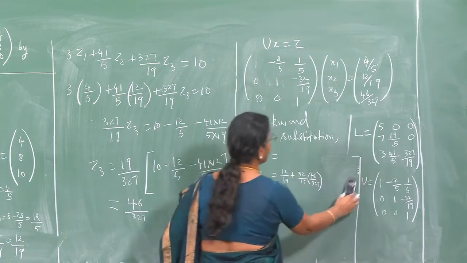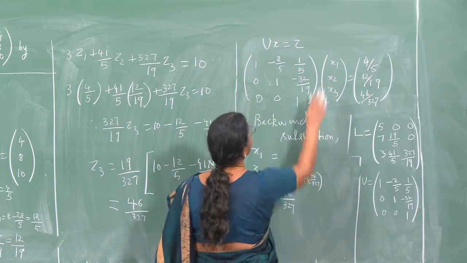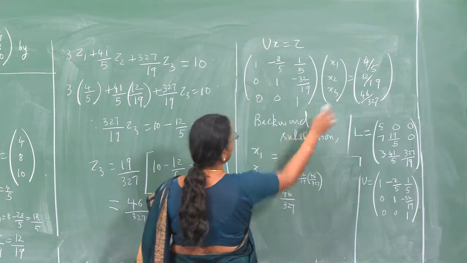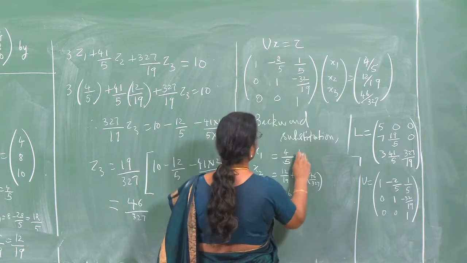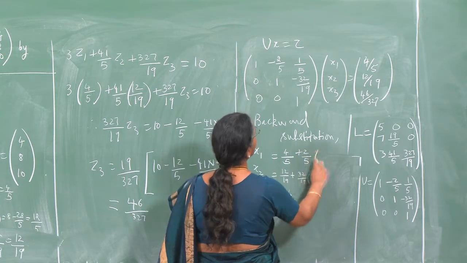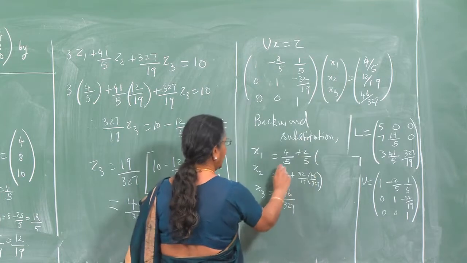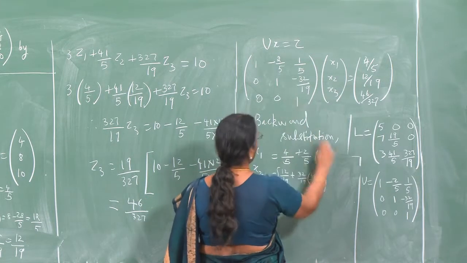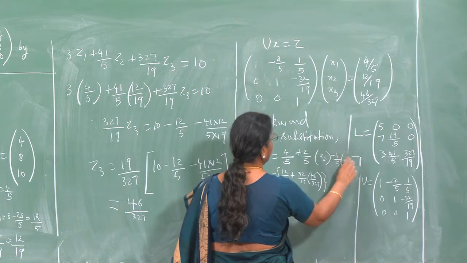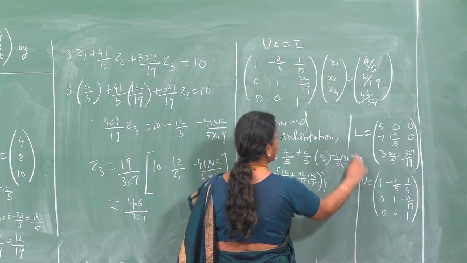And the first equation gives you 1 into x1, that is x1 is equal to 4 by 5, plus 2 by 5 into x2, and x2 is what you have computed here, then minus 1 by 5 into x3, that is 46 by 327.